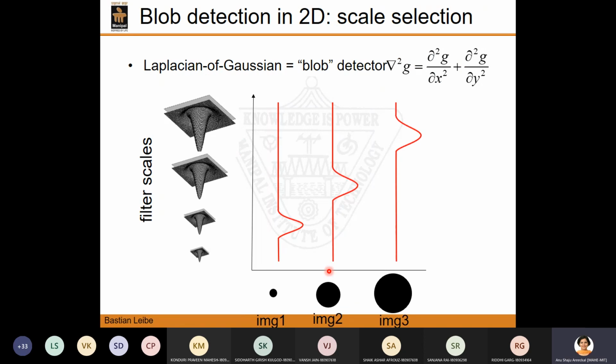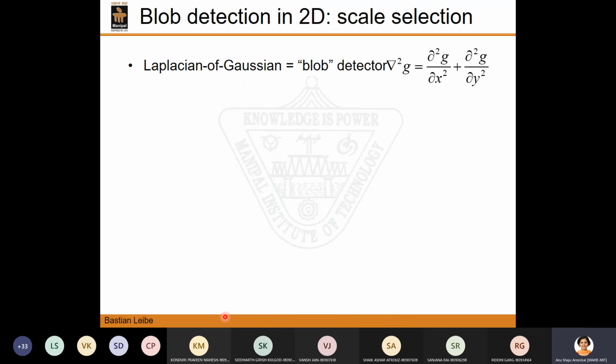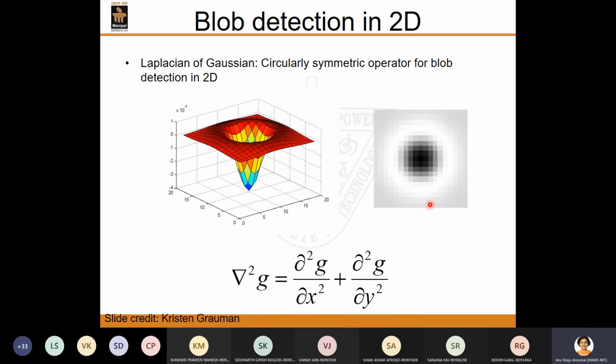Now, another concept before we go further is that we can use these LOG operators as a mask while doing a convolution operation. As we see, the Laplacian of Gaussian operator is symmetric. If you look at this image, it is symmetric along the x direction as well as the y direction.